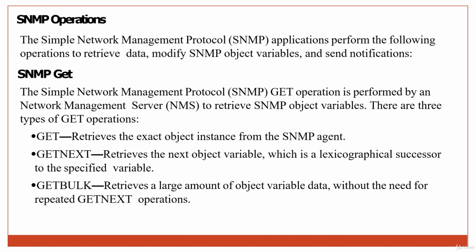We have different versions as per different RFC standards, and the SNMP protocol in general is used to collect information for management purposes. For example, what type of information? Say interface monitoring or protocol monitoring information.